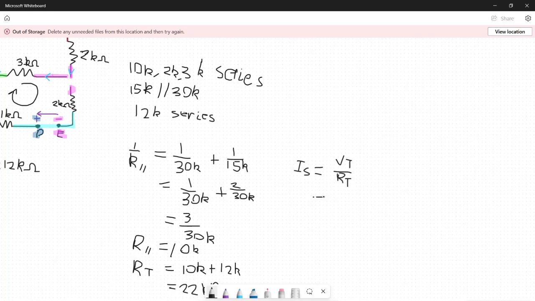That's Ohm's law. And that'll give us 660 over 22K. Now 660 divided by 22 will give us 30. And this will be milliamps.